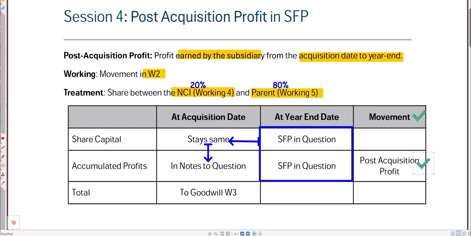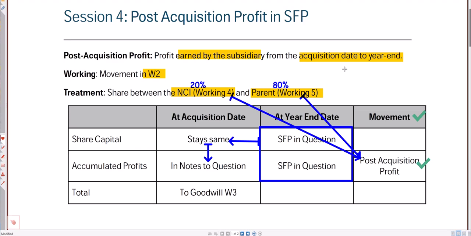We will then give the NCI their percentage of the post-acquisition profit in working 4, and we'll give the parent their percentage of the post-acquisition profit in working 5. So we calculate it in working 2, and then we share it out in workings 4 and 5.